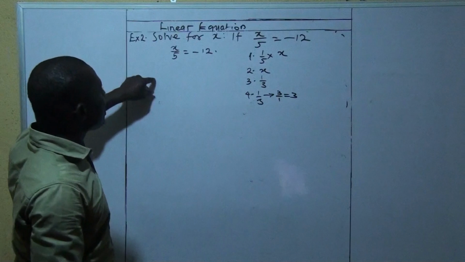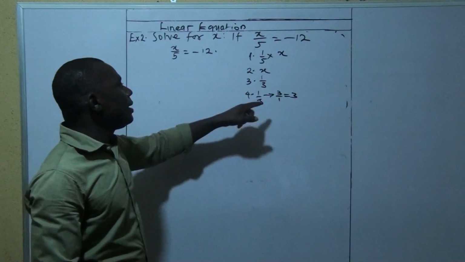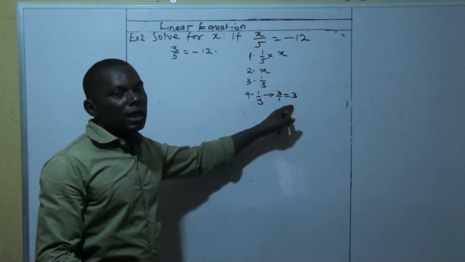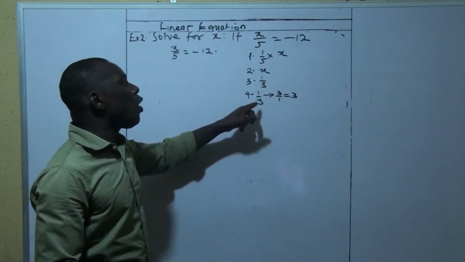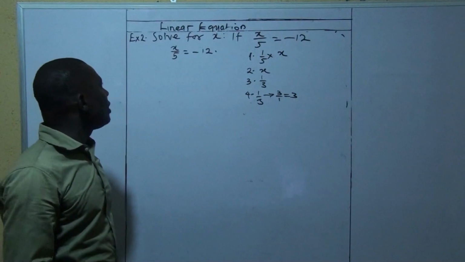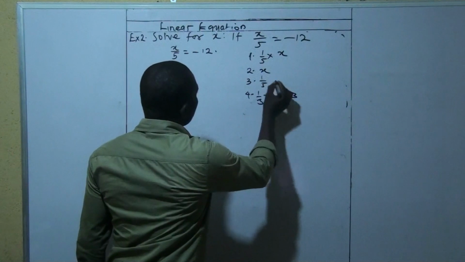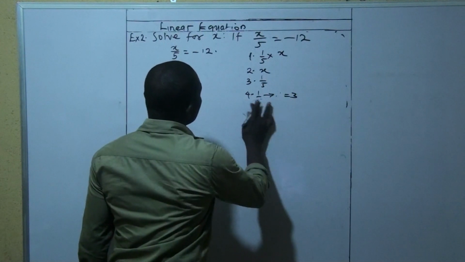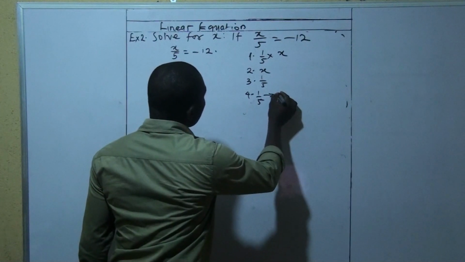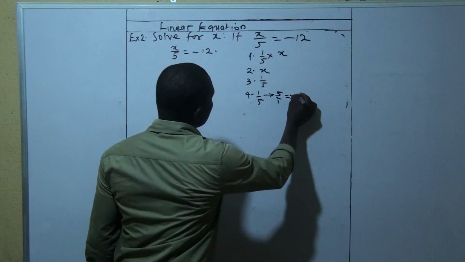You see, step 5 says that we should multiply both sides by the reciprocal of the coefficient of the unknown term. So the reciprocal of the coefficient of the unknown term is what? 5. We are going to use it to multiply both sides.